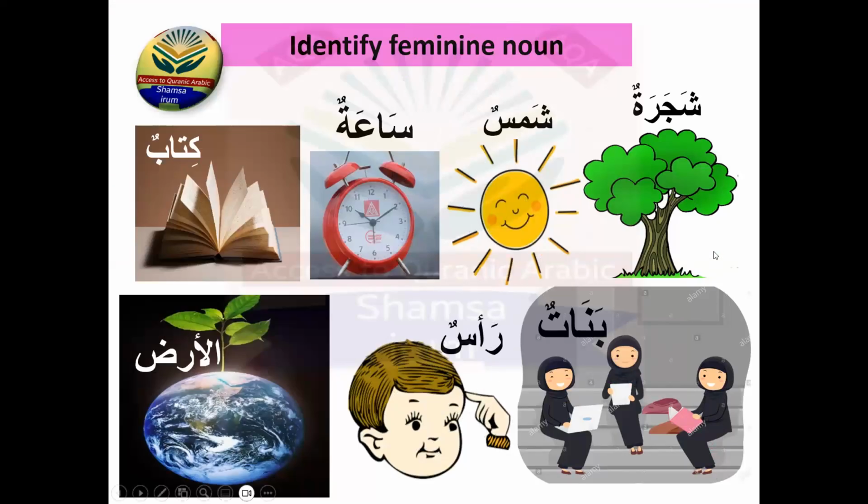Now let's start some practice. Please all unmute your mic and participate with me. If I say, what's the gender of shajaratun? If you unmute your mic, please. Yes, Sister Shaynaz and Sister Zainab, your mic is not unmuted yet.